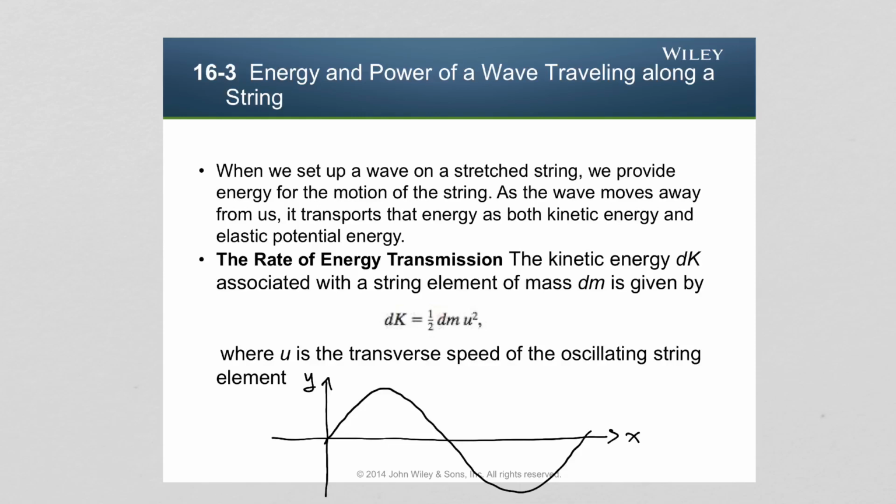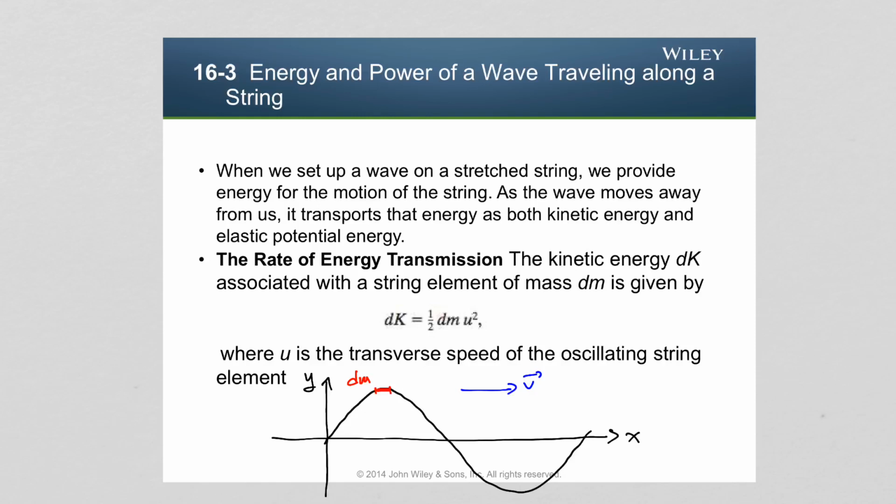So let's look at a small element in the rope right here with mass dm. So we already know that this mass element here in the rope is going to oscillate up and down in a direction perpendicular to the direction of propagation of the wave.